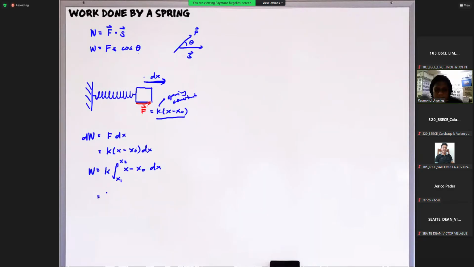So when we do that, this will just be K multiplied by x minus x sub 0, by power rule, squared divided by 2. Then the derivative of the inside is just 1, so it will not show up in our equation. So this is evaluated from x1 to x2.